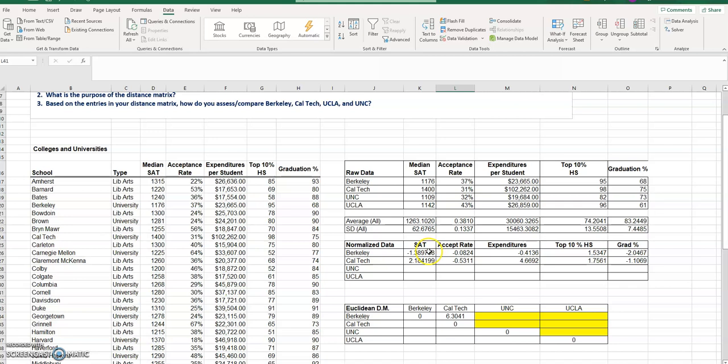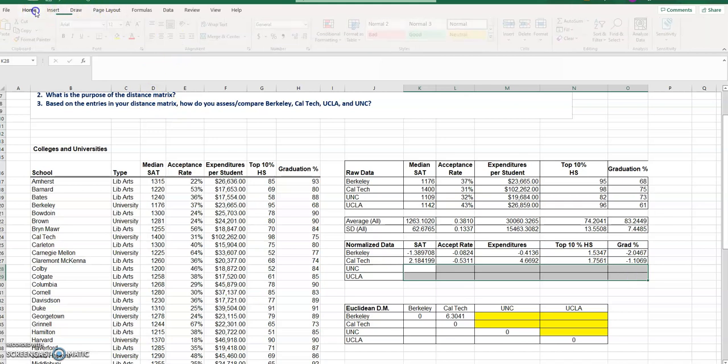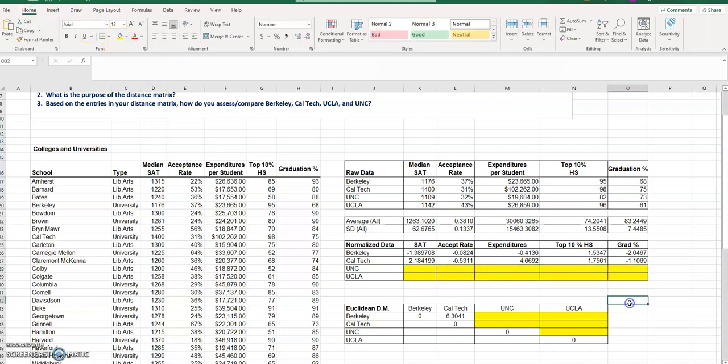What I want you all to do is go through and compute z-scores and fill out the rest of this table, so that you will have the data you need to finish up the Euclidean distance matrix. What is required here is that we're computing a z-score. I want the z-score for Cal Berkeley's median SAT score.